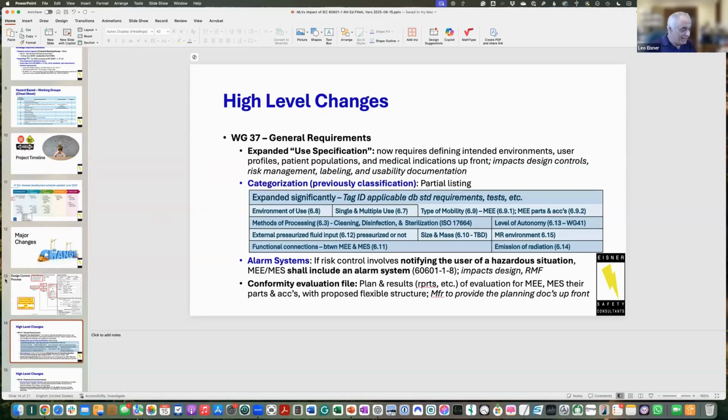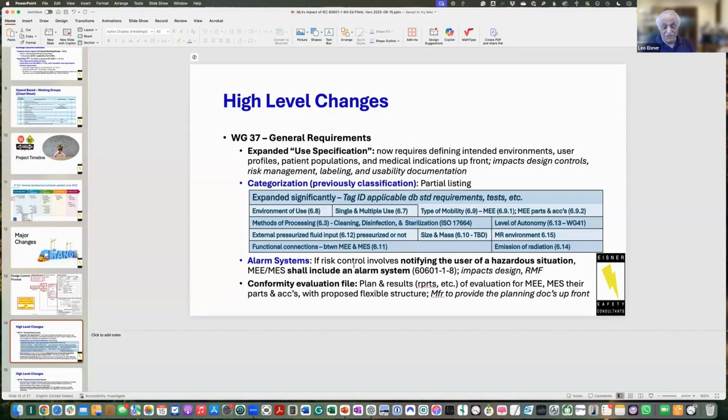We'll see. Alarm systems. This is something so many of my small clients especially, but some even big clients, keep avoiding. They say, I have a buzzer and it notifies, and so there's no alarm. Well, a buzzer doesn't meet 60601-1-8, the alarm system requirements.